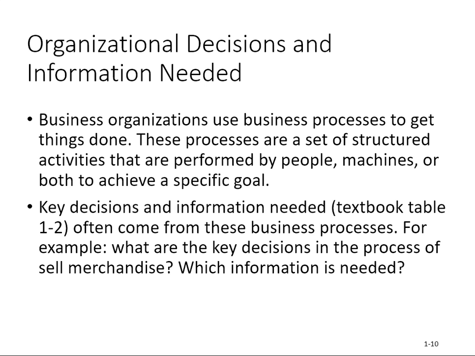When we sell merchandises, we have to think about what is the optimal price, how to customize products for customers, how to deliver. Are we going to offer credit for customers? If we do, what is the credit limit? So all these are the decisions we're going to make.